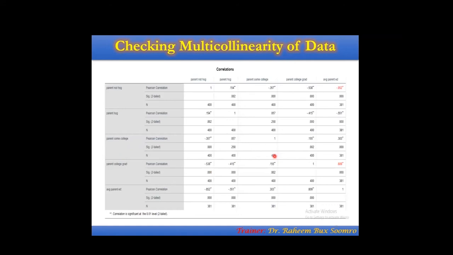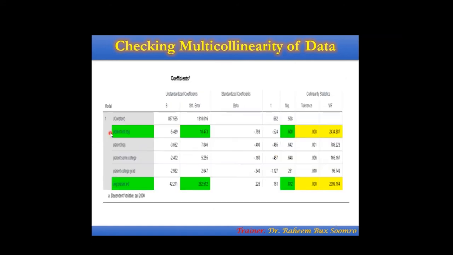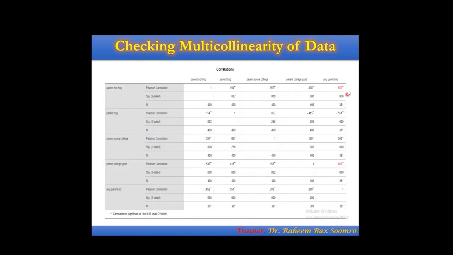In the same way, look at parents and average parent. The problem is clear from this: there is a negative relation between these two variables, about 0.825, which means more than 0.8.